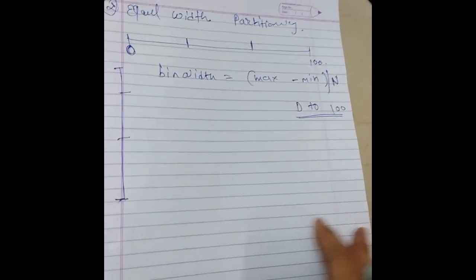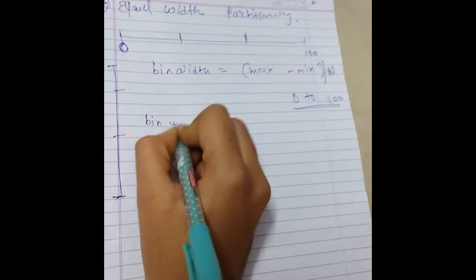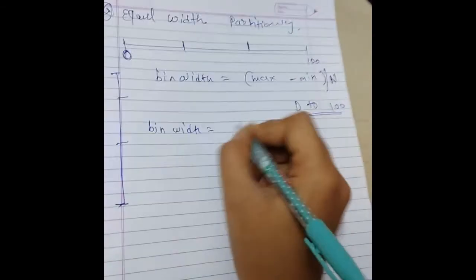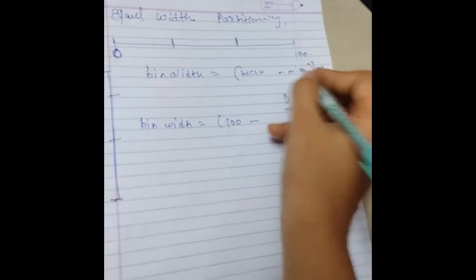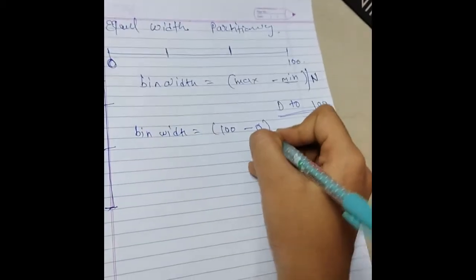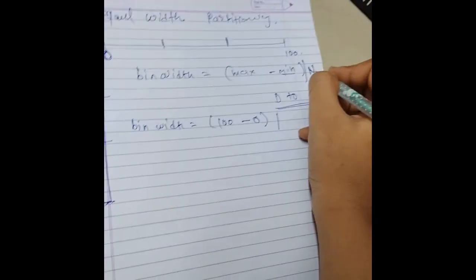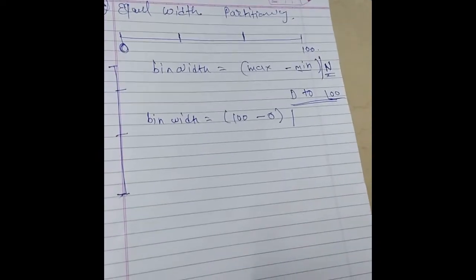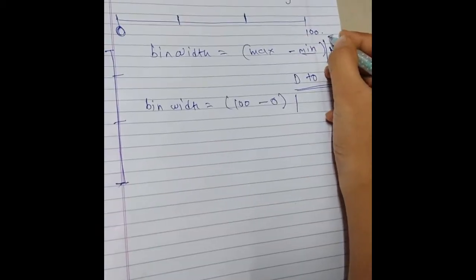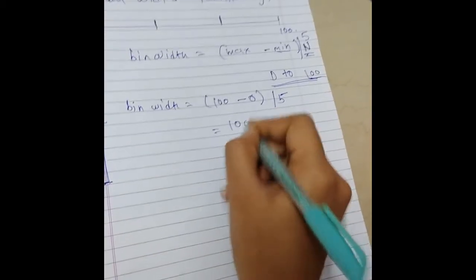How can you do this? We use the equation: bin width equals maximum value, 100, minus minimum value, 0, divided by n. N means how many intervals you want to divide the data into.